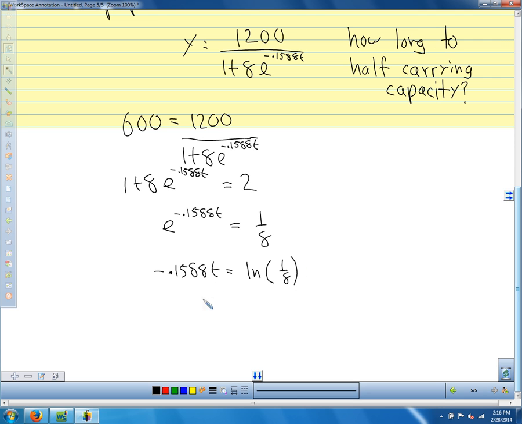Divide by negative 0.1588. So t equals 1 over negative 0.1588 times the natural log of 1/8. Plug that into my calculator, and I get that this is approximately 13 months.